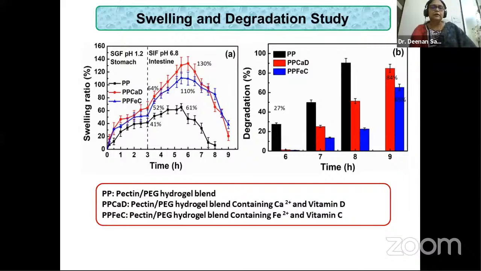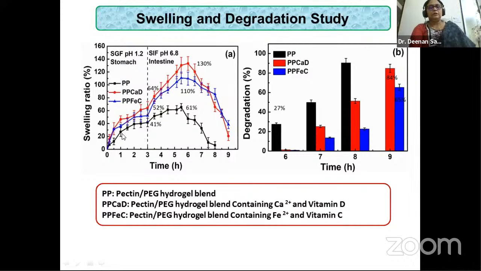Even though the drug has been put into the simulated gastric fluid, we didn't see much swelling. There is no swelling; we can say around feeble swelling, up to 3 hours.